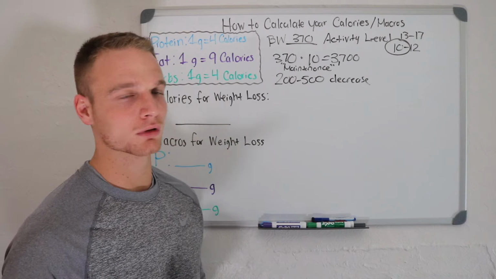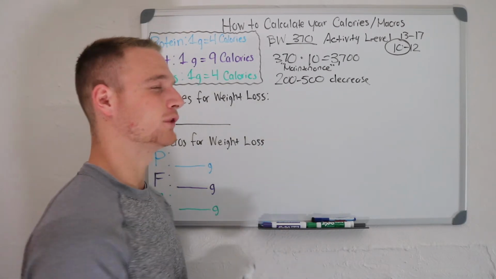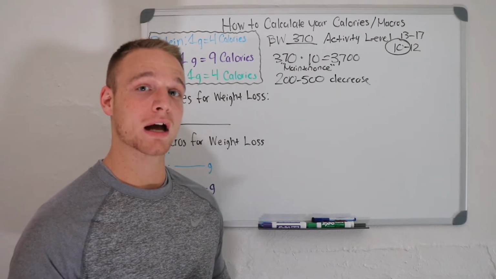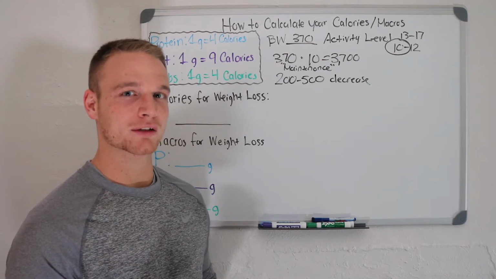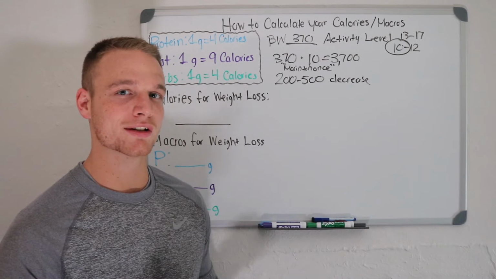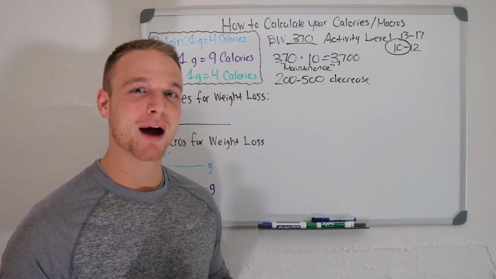A 200 calorie decrease is if you're already lean, so if you don't have a lot of body fat or weight to shed. You want to lose weight on the most amount of calories possible, because if you just skip to that 500 calorie decrease, you might be setting yourself up for some pretty extreme poverty macros at the end of your diet.